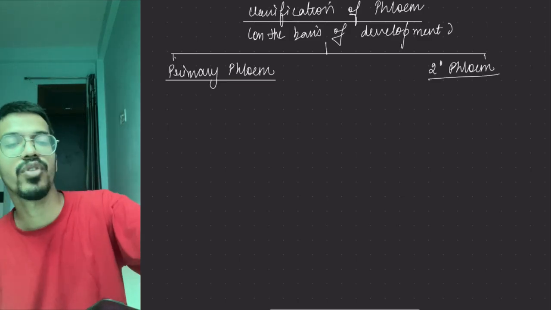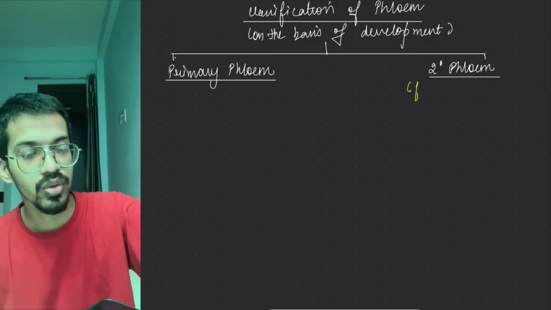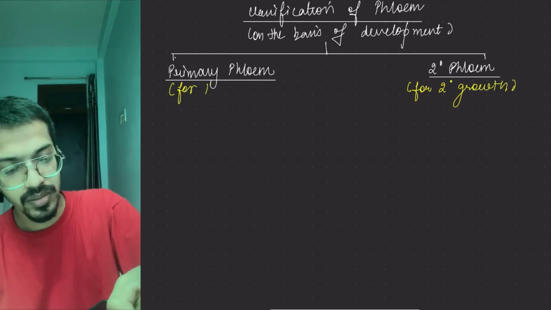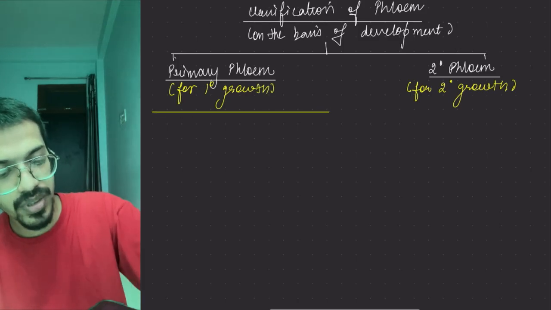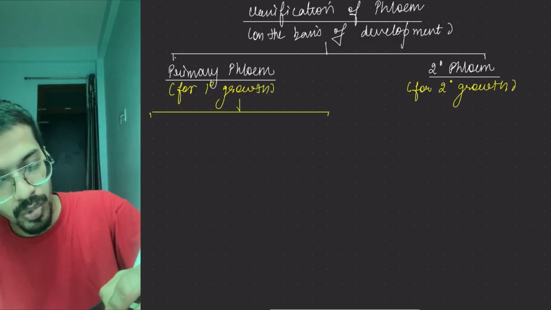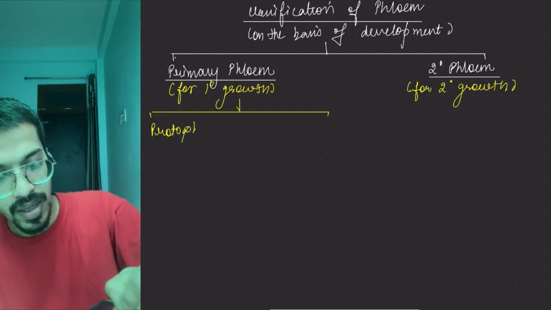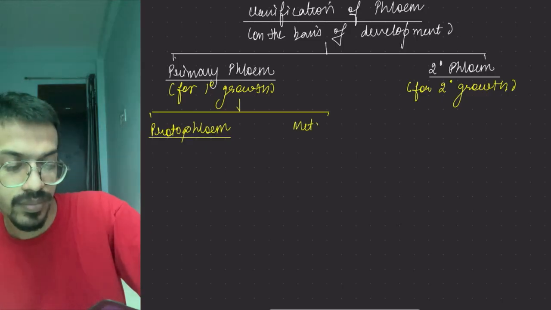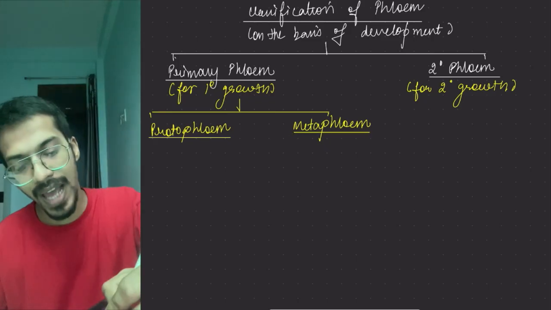You know that secondary phloem will be formed later on for secondary growth, and primary phloem for primary growth. Now they would be further of two types. What are the two types? Protophloem, and there could be what, metaphloem. Now the protophloem will have what?